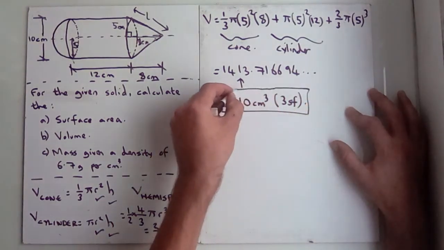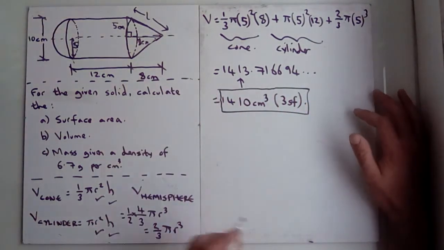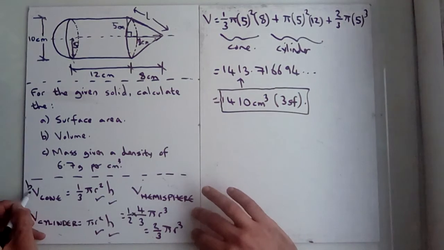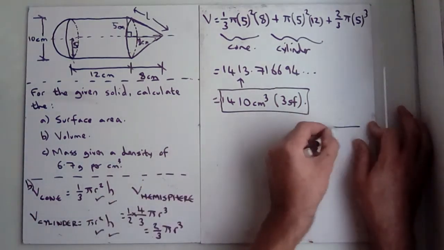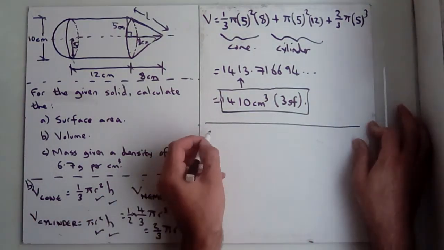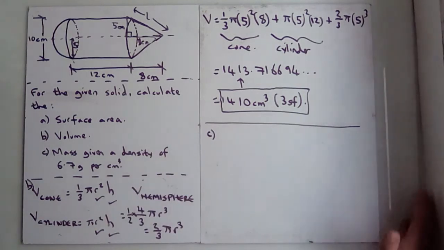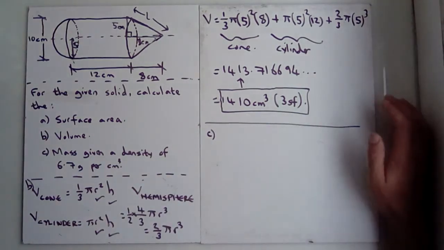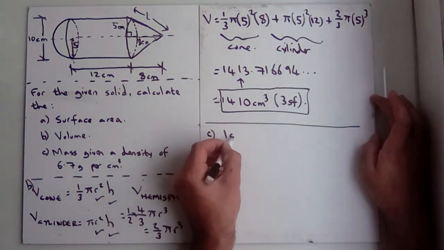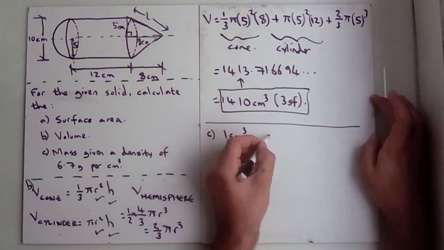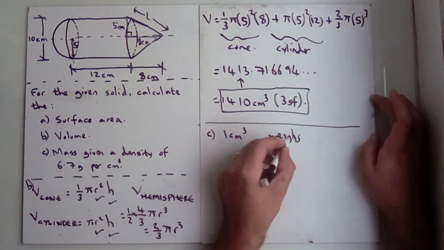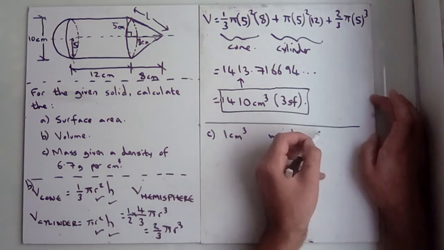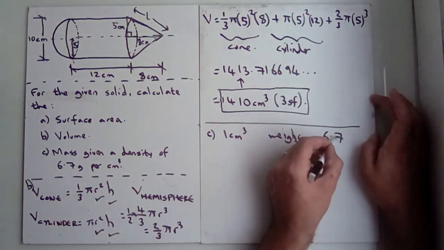Right, so the last part, so part C, that was part B. Part C is asking me for the mass when it tells me the density. So it tells me that 1 cm cubed weighs or has a mass of 6.7 grams.